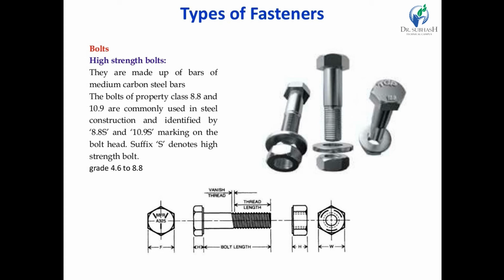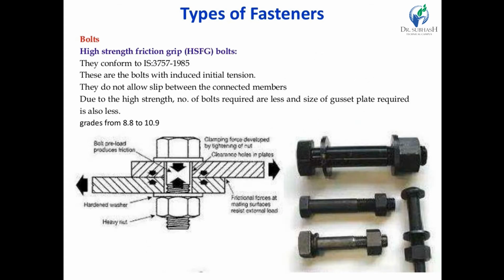Next, the high strength friction grip bolt is denoted by HSFG. IS 3757 1985 describes bolts in which initial tension is introduced, and they do not allow slip between the connected members.